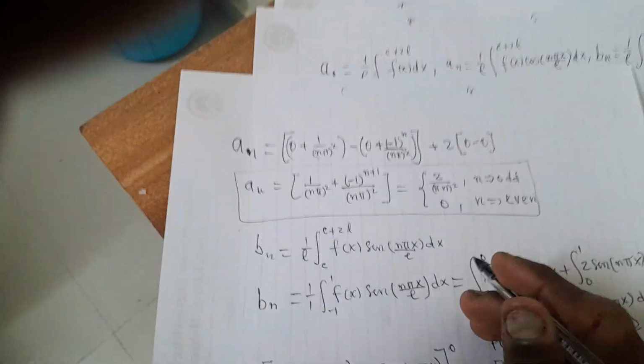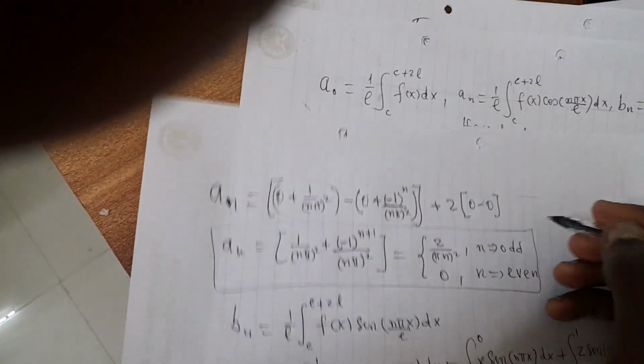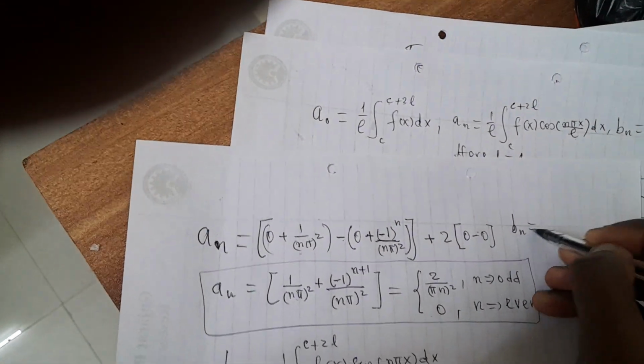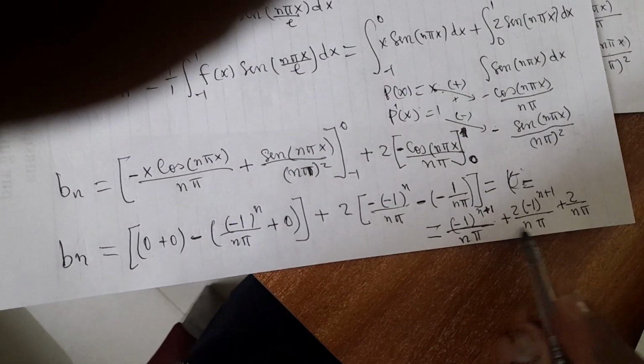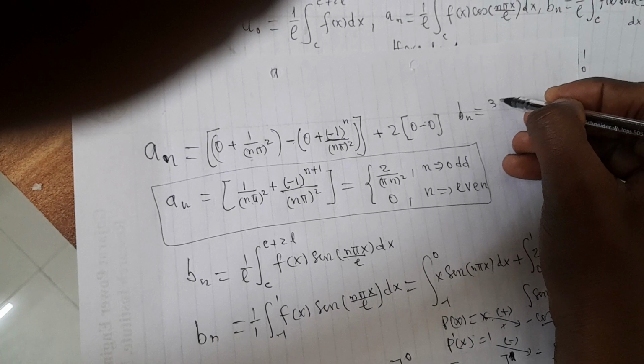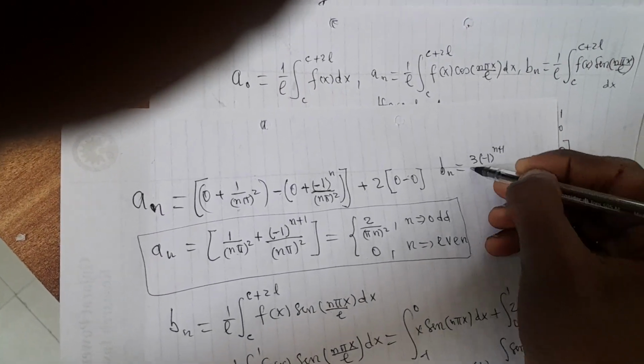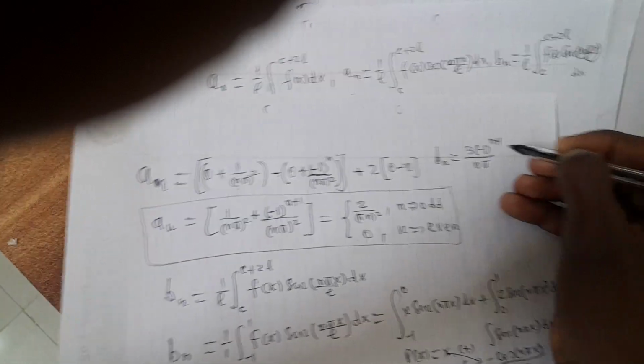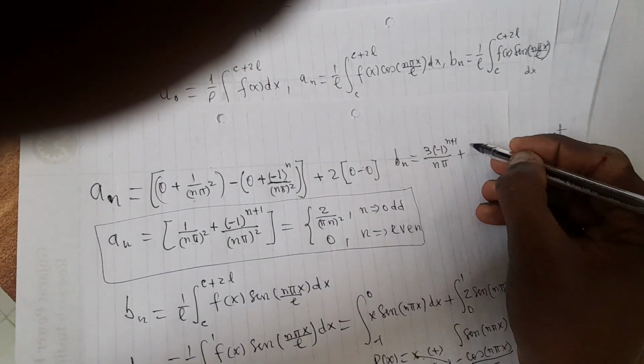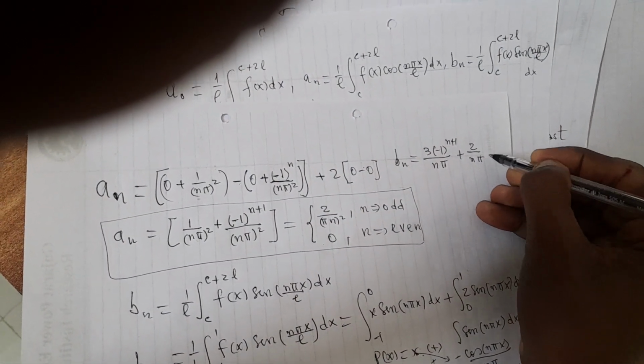Okay, nice. Now that I have found what is An, what is Bn, I will write down here Bn. So Bn, just look at this. This one will be 3. It will be 3 minus 1 to the power n plus 1 upon n pi plus 2 upon n pi.